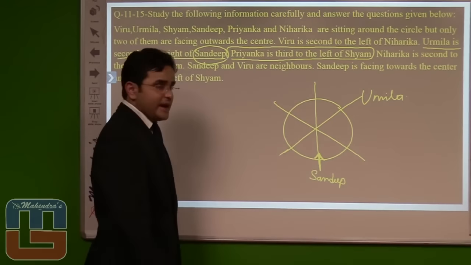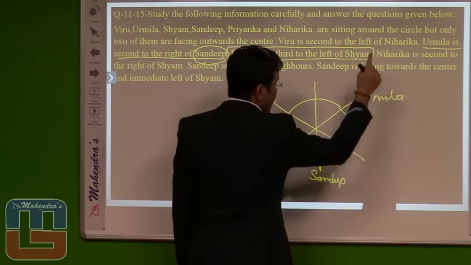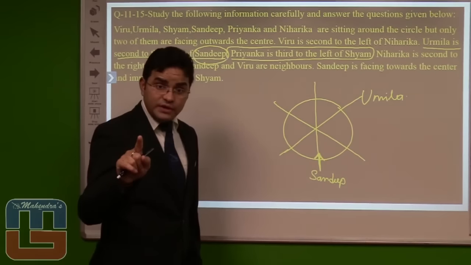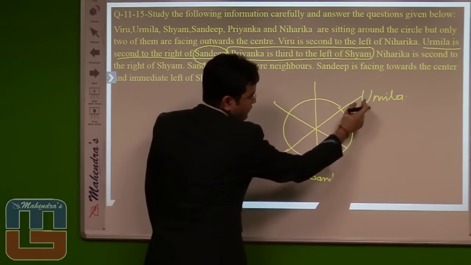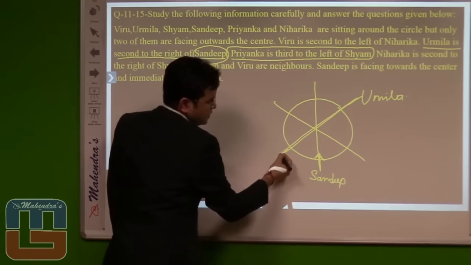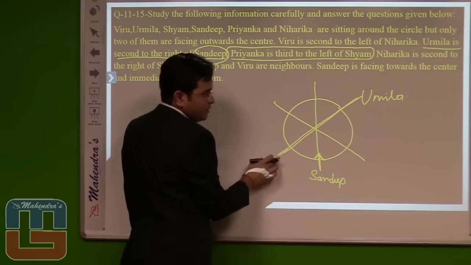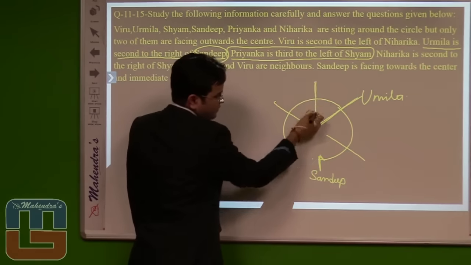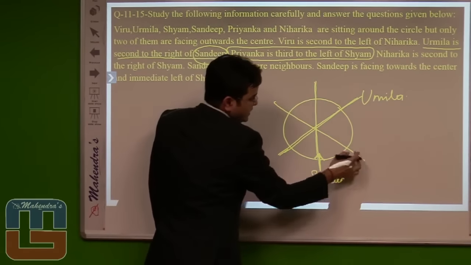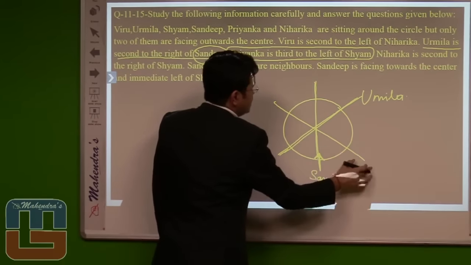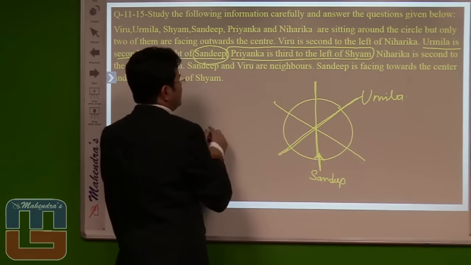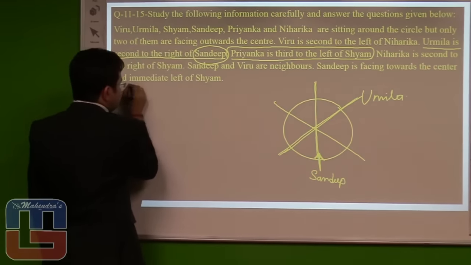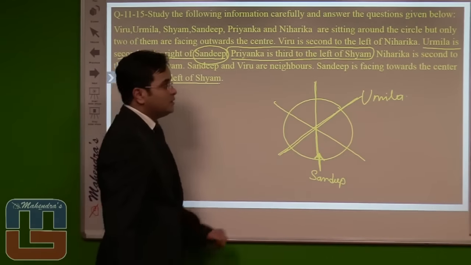So Priyanka is third to the left of Shyam, which means Priyanka and Shyam are opposite of each other. One place of the opposite is filled, the other is blank. This one is also filled by 1, so this one is blank on both sides. It means one should be Priyanka. And one more statement is given, that immediate left of Shyam.